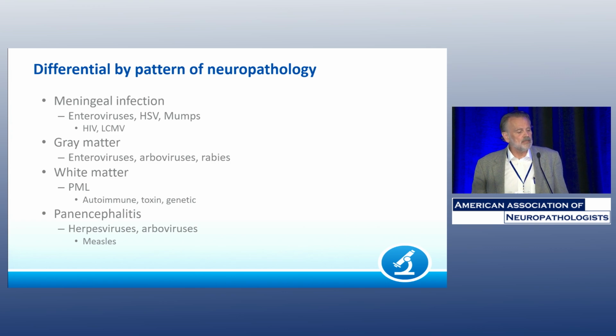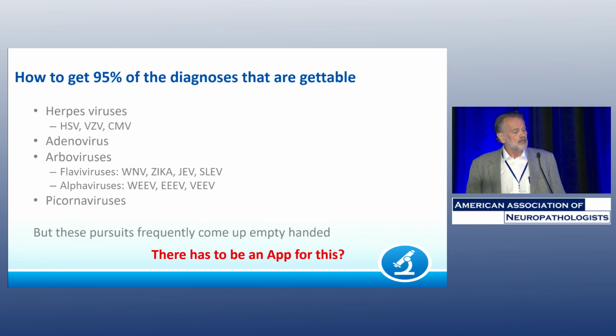White matter, obviously, more likely involves the JC virus. But again, masquerading with some autoimmune types of infections is important and going to be important in making the distinction. Panencephalitides can be more evident with a herpes or arboviral type infection.